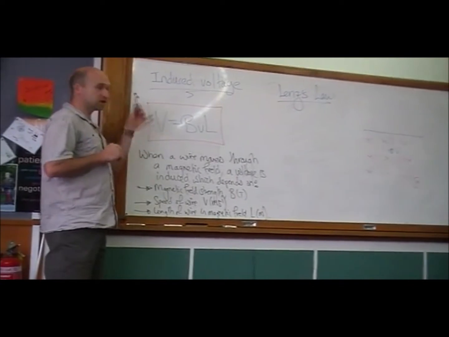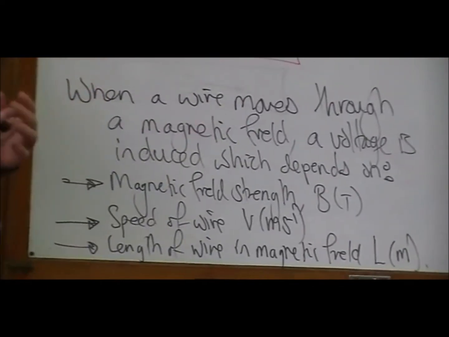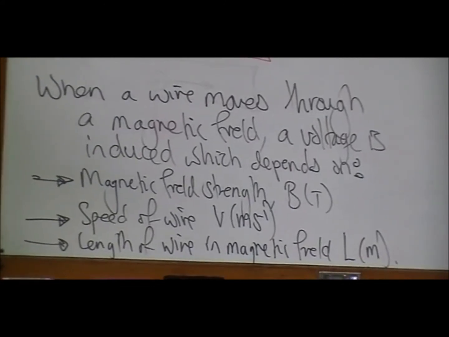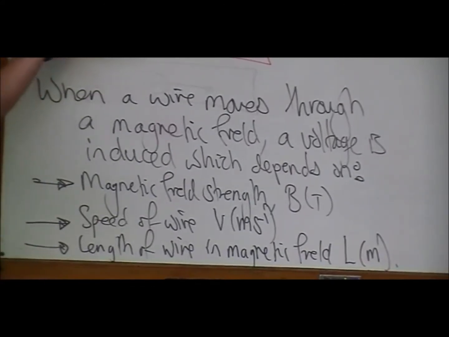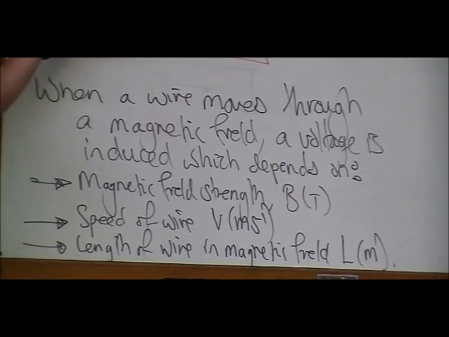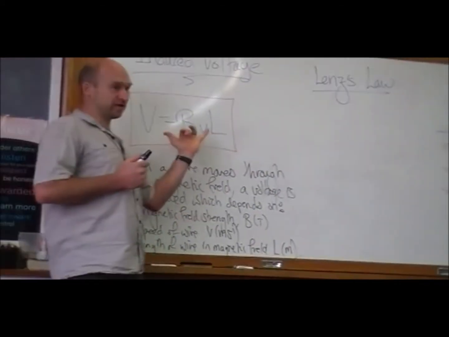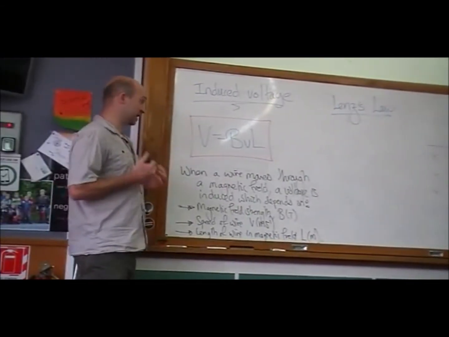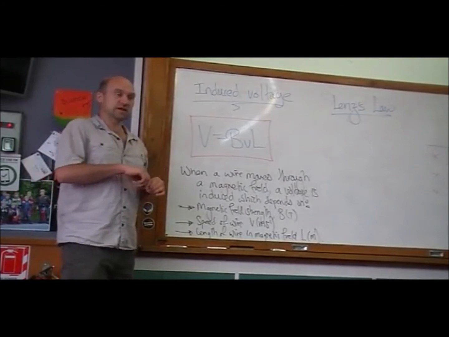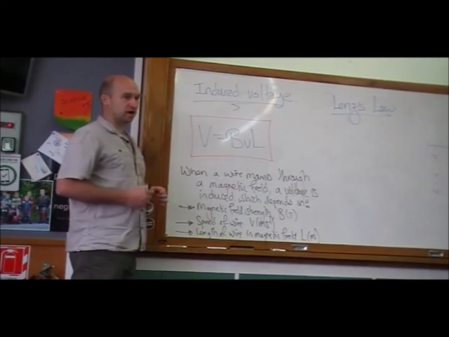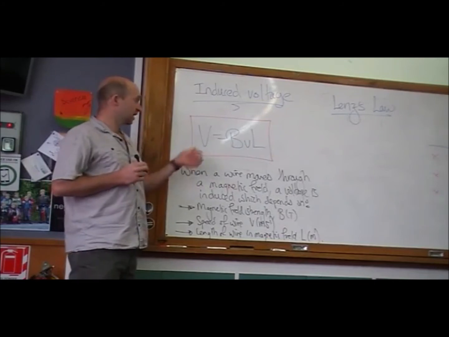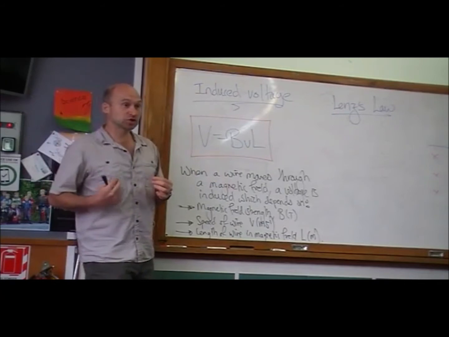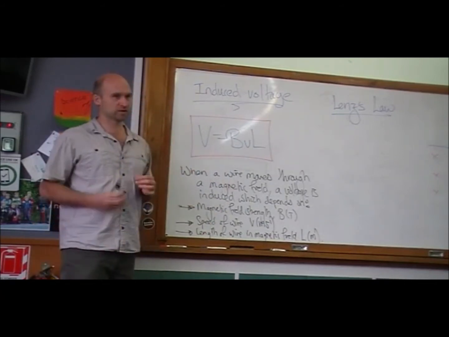Cool. So, induced voltages, like voltages that are created by a wire moving through a magnetic field. We've got this equation that we puzzled out earlier, V = BvL. We're really careful about the big V, little v thing. Big V's voltage, little v's velocity. What we've found is that as we move a wire through a magnetic field, a voltage is induced across that wire, and that voltage causes a current to flow.